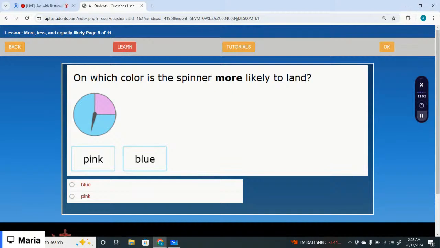On which color is the spinner more likely to land? It will be more likely to land on blue because most of the portion is blue.